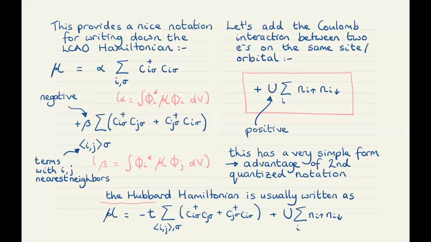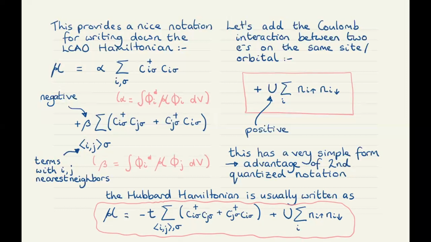And usually the alpha term, the term representing the energy of the electron sitting on its own in the atomic orbital, is usually left out because all that does is shift the zero of energy, and so it's not considered to be important.